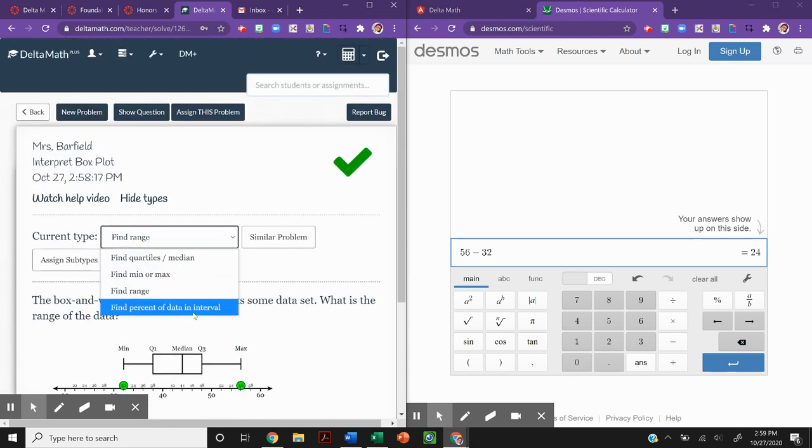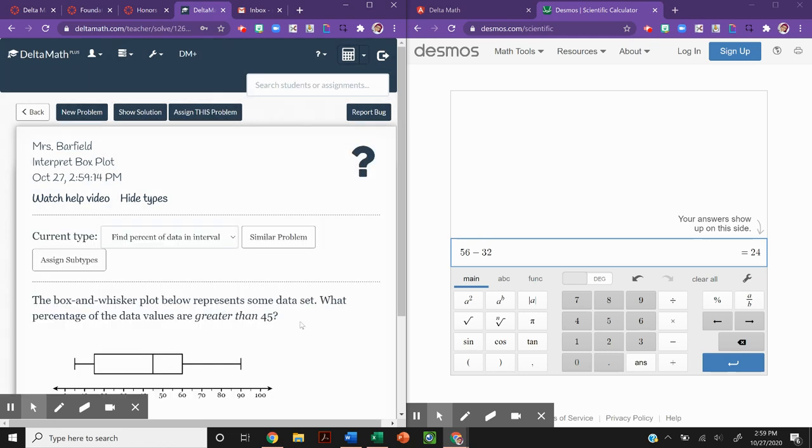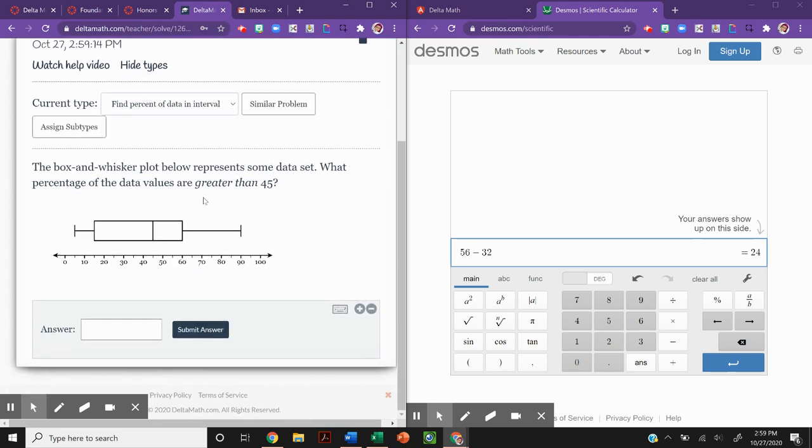It says find the percent of data in the interval. The box and whisker plot below represents some data set. What percentage of the data values are greater than 45? So 45 is right here. A box and whisker plot divides things. If this is quartile one, this is quartile two, quartile three, quartile four, there are four quartiles, quarters.